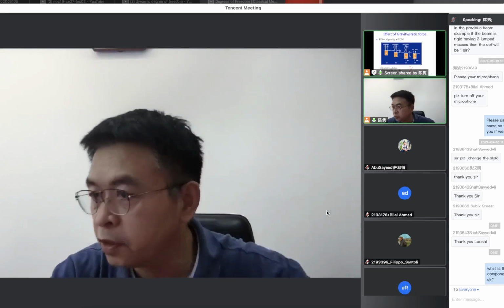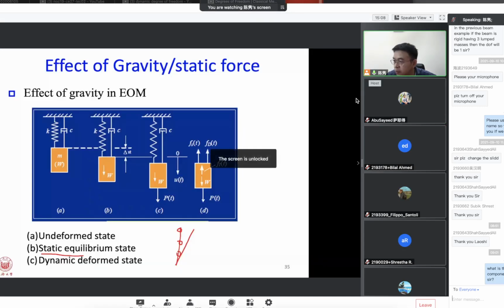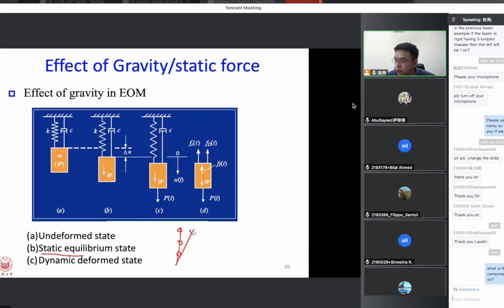Then at this position, if we consider the dynamic one, which is the turbulence component, then the structure starts to vibrate. Okay, like this, it vibrates. If we apply this p(t) as turbulence wind, then the structure vibrates against this so-called static equilibrium position.